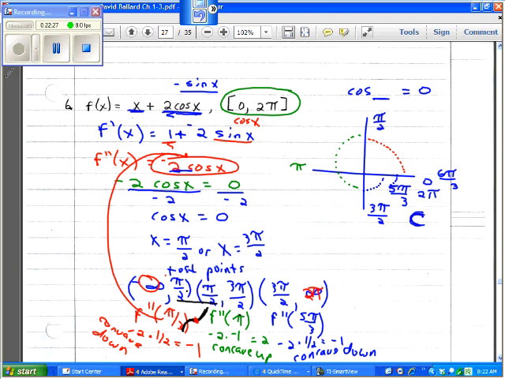In this next section over here at 3 pi over 2, it went from a concave up to a concave down. So there must have been a point of inflection there. So we found where the second derivative was 0, which is possible points of inflection. We have to verify that it is a point of inflection by verifying that there's a change in concavity. There was a change in concavity at both points. So we say that we have 2 points of inflection.